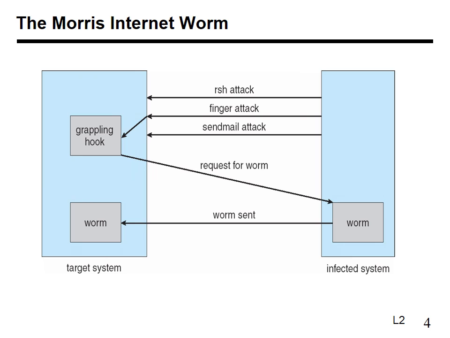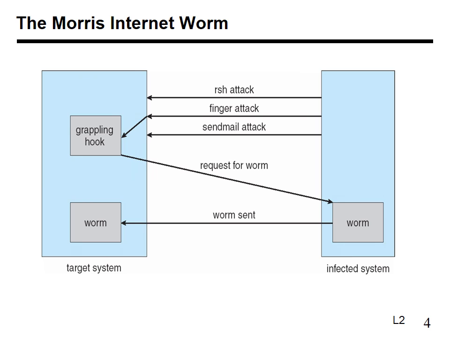So this little diagram shows the Morris Internet worm. We have the infected system on the right, target system on the left. So it's going to try an RSH attack, a finger attack, a SendMail attack to try to gain access to the target system. As soon as it does, it's going to install the grappling hook.